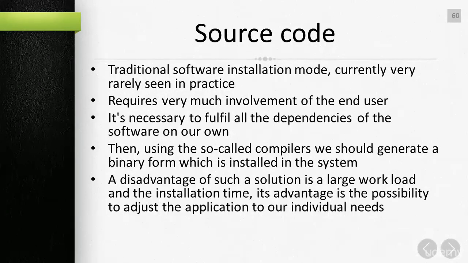If you know you're not going to need some part of the application, for example, support of a certain file format, you can always disable it in the compilation process. This will reduce the size of the application, which is especially useful in the case of an embedded system, where you have to do without terabytes of disk space or gigabytes of RAM. In such a situation, compilation is an essential solution.